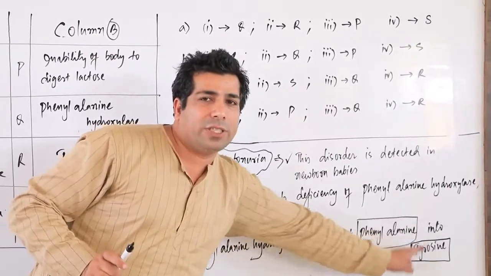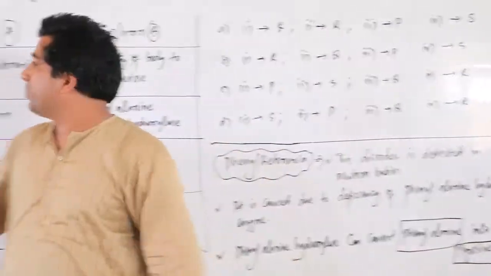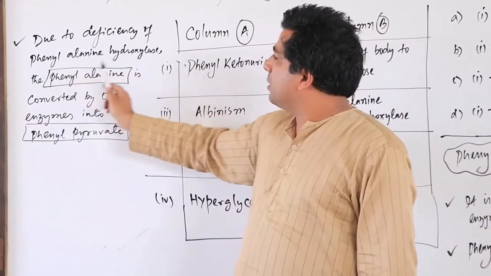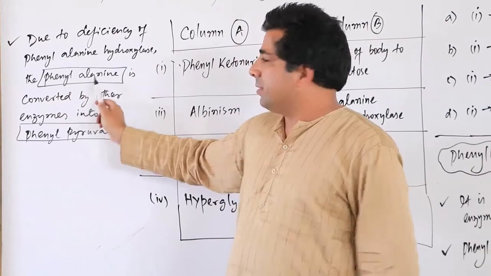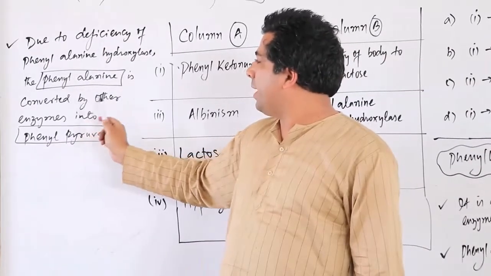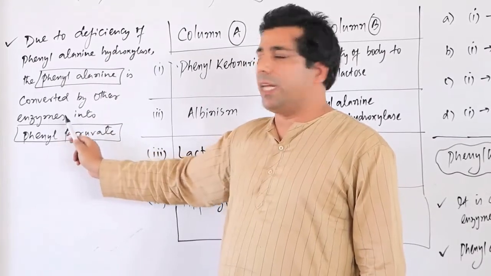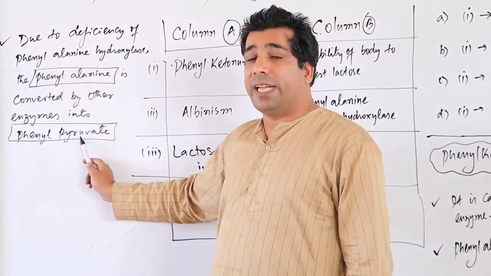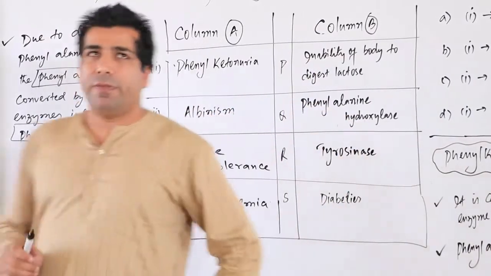When it does not change into tyrosine, then what happens? Look here. Due to deficiency of phenylalanine hydroxylase, the phenylalanine is converted by other enzymes into phenylpyruvate. Phenylpyruvate.